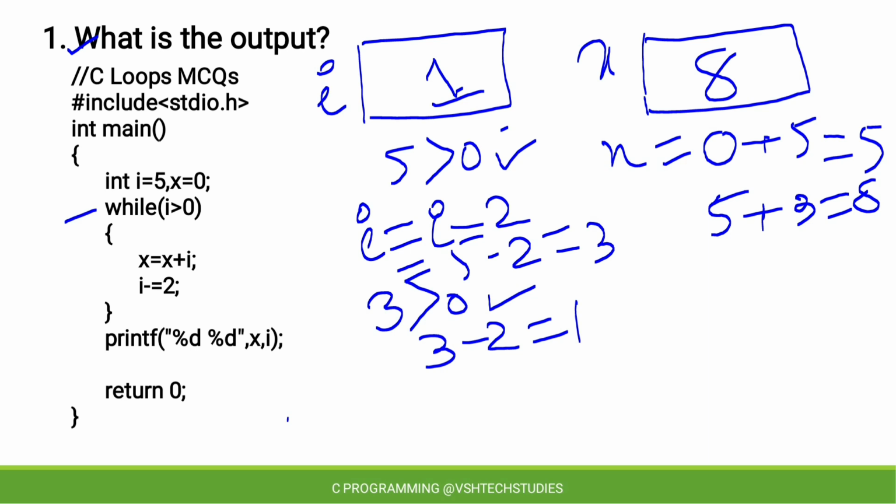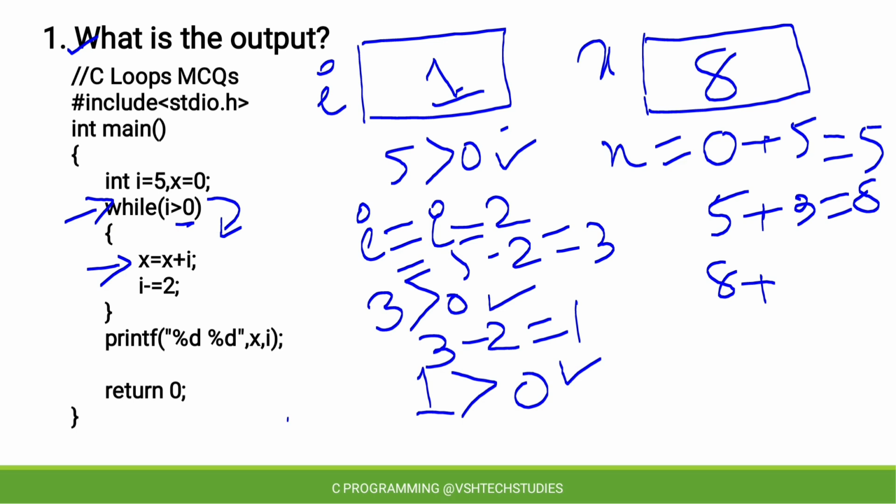So next, in the third iteration, the condition is to be checked again. I is 1 now. So is 1 greater than 0? Yes, it is true. Then control enters the loop body. The first instruction is x equal to x plus I. X is 8 here. So I means 1, that is added. So it becomes 9.